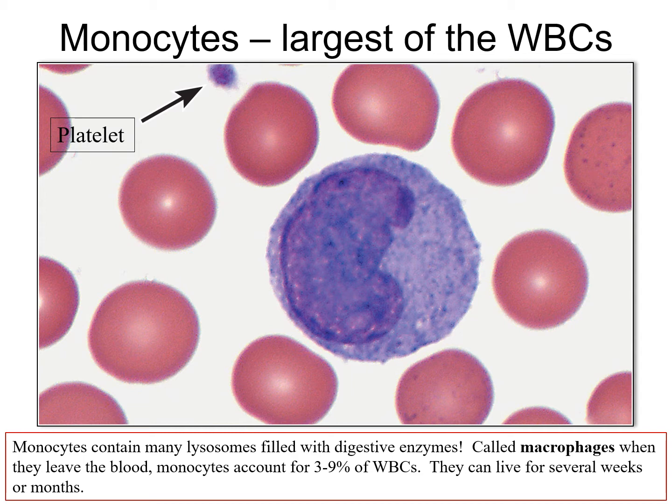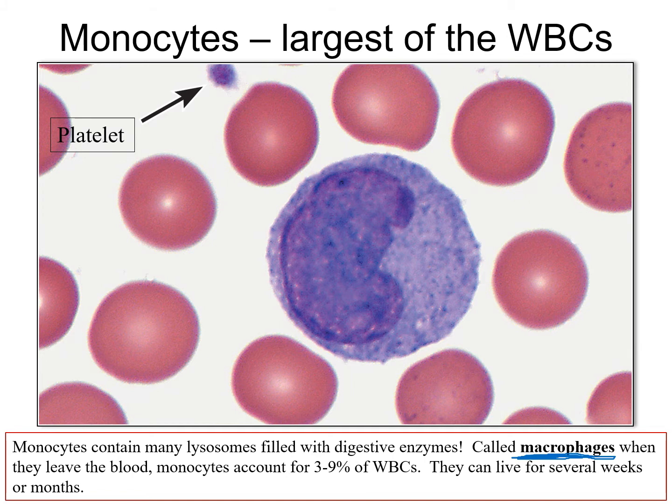This particular white cell is really, really important. It's highly phagocytic. And when monocytes leave the bloodstream, they're then referred to as macrophages. So don't let that throw you. This term macrophage is not a sixth type of white cell. It is a monocyte that has left the bloodstream, got on into the tissues, where it's presumably going to phagocytize bacteria, for example, that might have been introduced in a cut or wound.